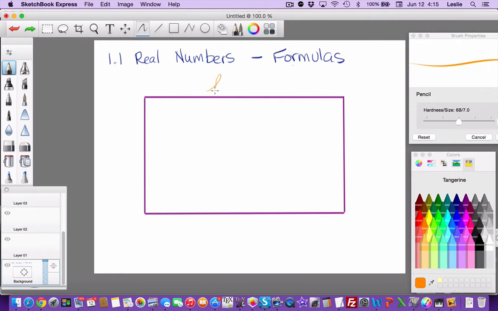We talk about the length of a rectangle and the width of a rectangle. But mathematicians, being notoriously lazy, tend to abbreviate everything.